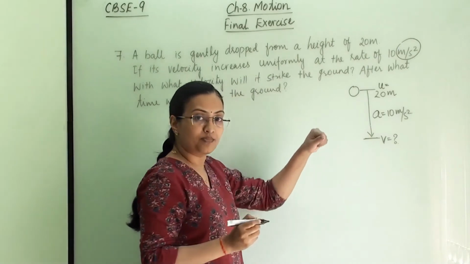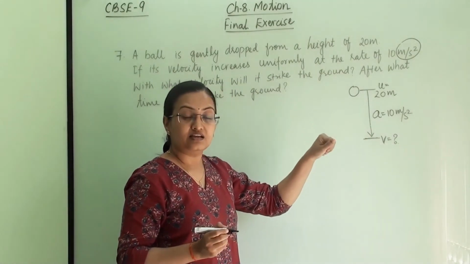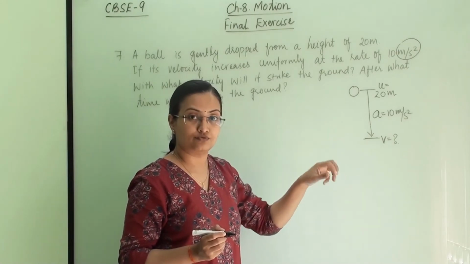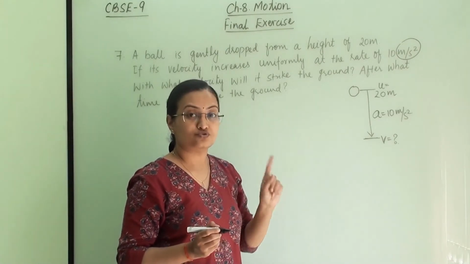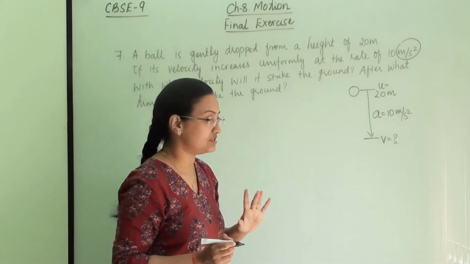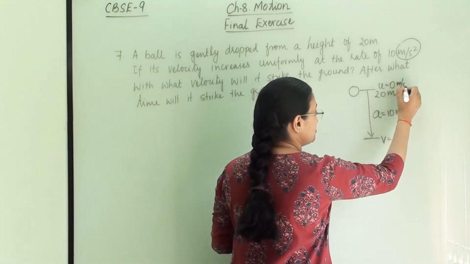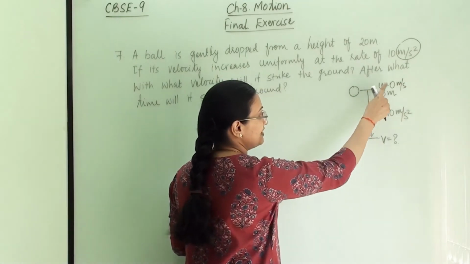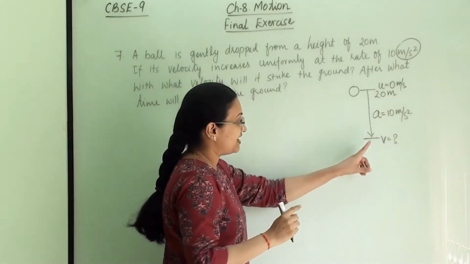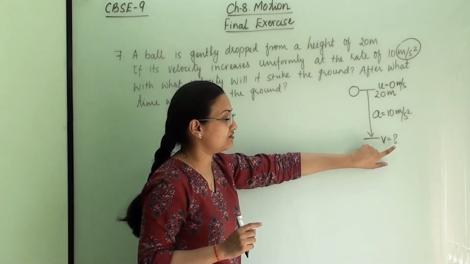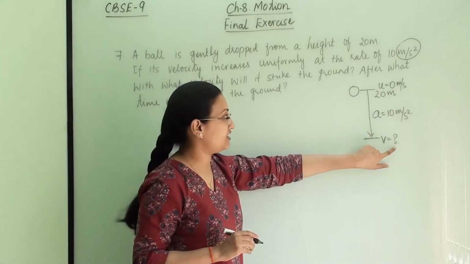When we are dropping it from the hand, we are not applying any force, we are just dropping it. So its initial velocity will be 0. And the final velocity, the velocity with which it will strike the ground, that final velocity we have to find out.